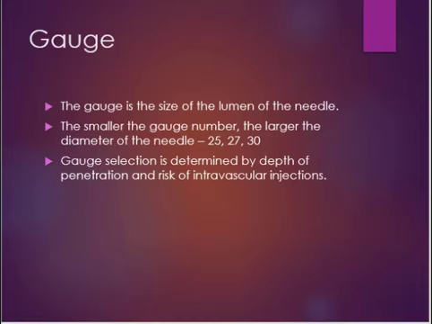Also remember that the gauge selection is determined by the depth of penetration and the risk of intravascular injections. Out of the three choices, 25, 27, and 30, the one with the largest diameter is the 25 gauge, and the one with the smallest diameter is the 30 gauge.